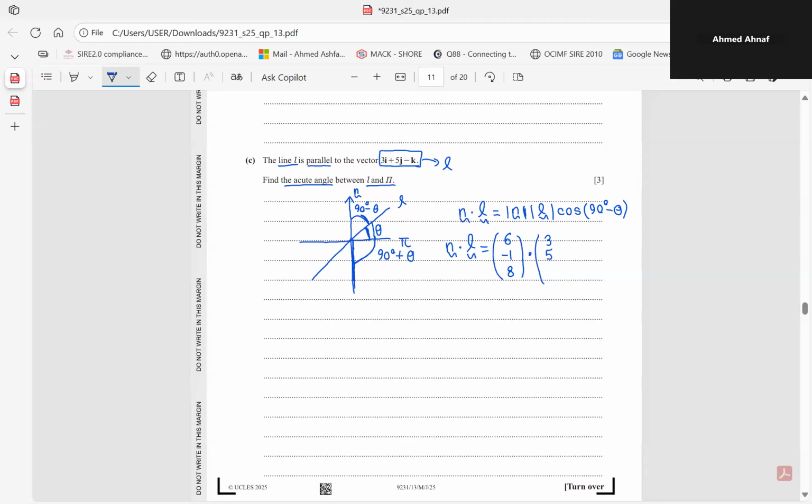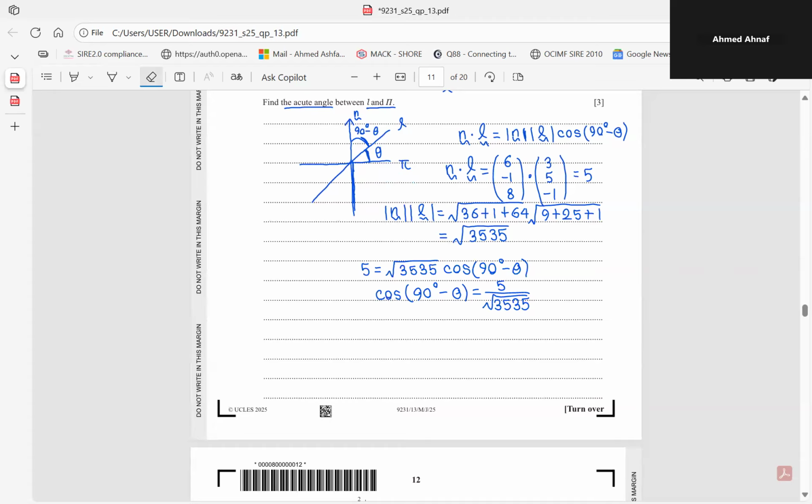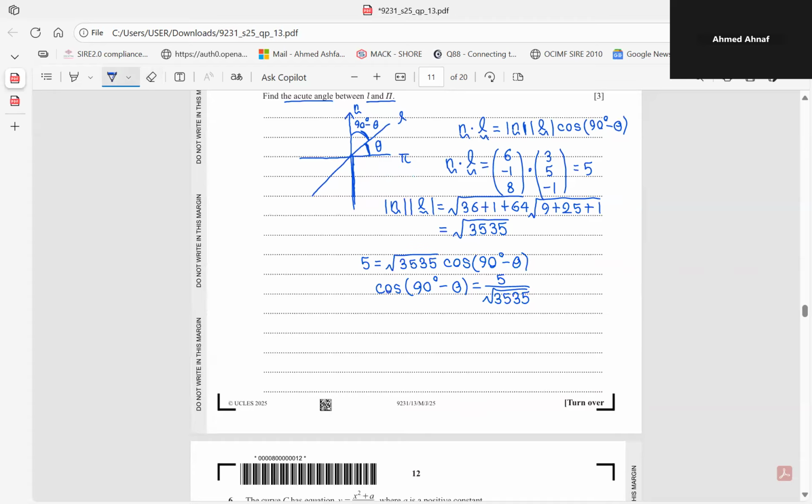As you can see, our value for the cosine of 90 degrees minus theta is positive. So this suggests that 90 degrees minus theta is an acute angle. So hence we can eliminate this and use this diagram to find theta.